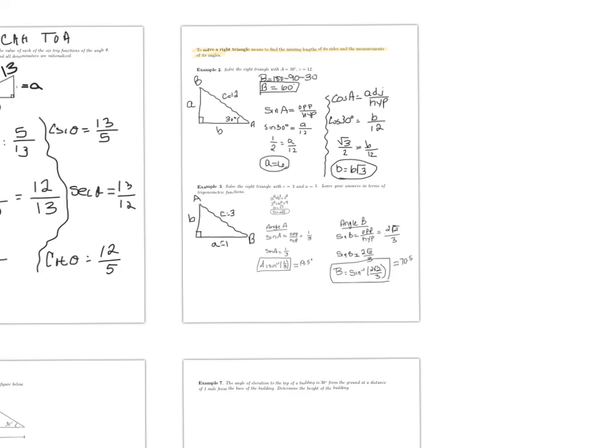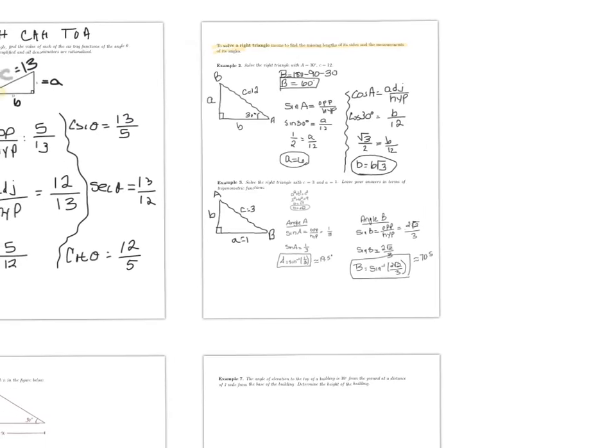So that's really all the content of this section. If you're not sure of any of those pieces, just go back and watch pieces of the video before continuing. The rest of the section is on applications, so on word problems involving trig.